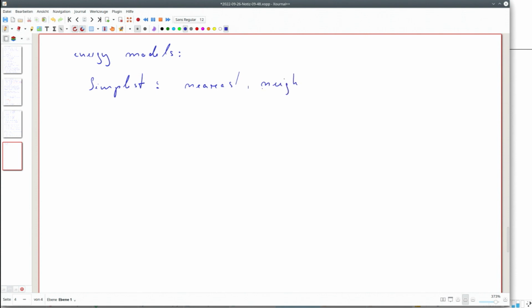Nearest neighbor and only pairwise. So this is one possibility. With pairwise interaction, you can go to higher neighbors, but still pairwise.